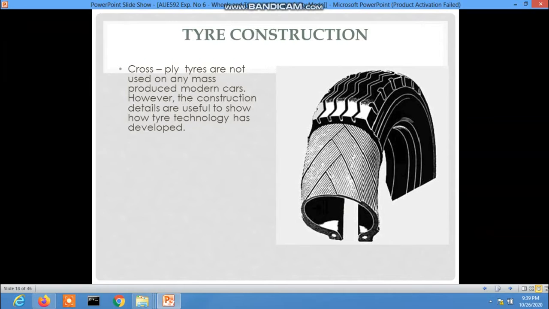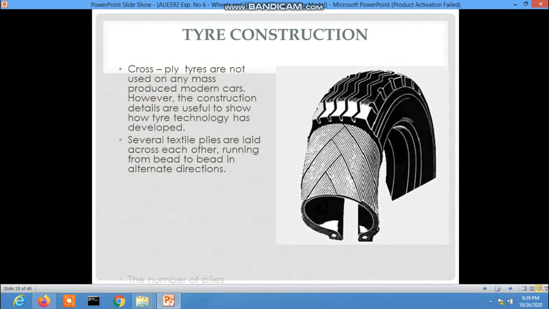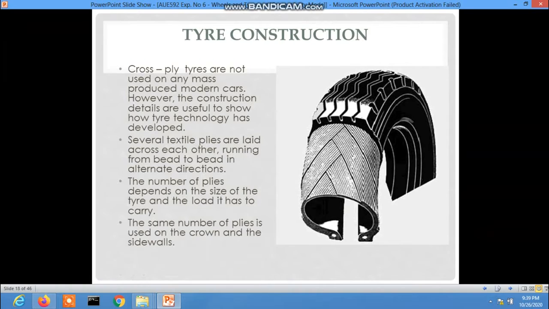Several textile plies are laid across each other, running from bead to bead in alternate directions. The number of plies depends on the size of the tire and the load it has to carry. The same number of plies is used on the crown and the sidewall.